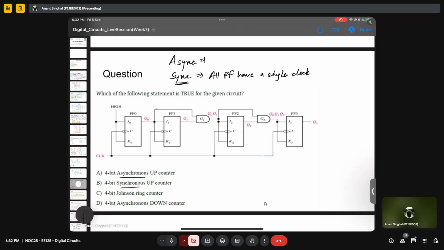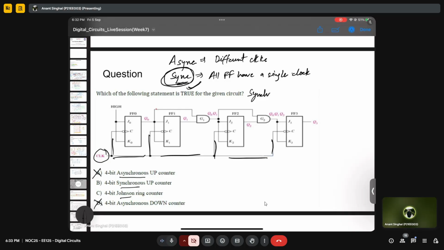Asynchronous means different clocks. As you can see in the question, a single clock is connected to each and every flip-flop, which is these black lines. So this is nothing but a synchronous circuit, right? So you can easily eliminate this option and this option directly.